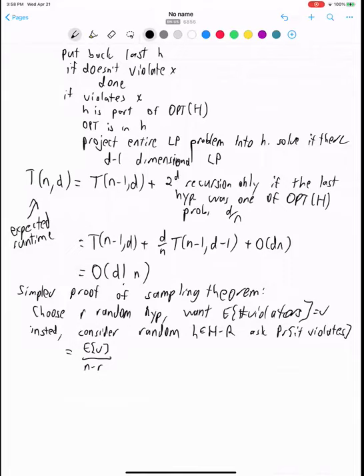If I choose a random hyperplane that's not in R, the probability that it is a violating hyperplane is just the number of violators divided by n minus R. So the expected value of that probability is just the expected number of violators divided by n minus R. Now, separately, for the probability that H is violated, I'll just use backwards analysis like Seidel did.